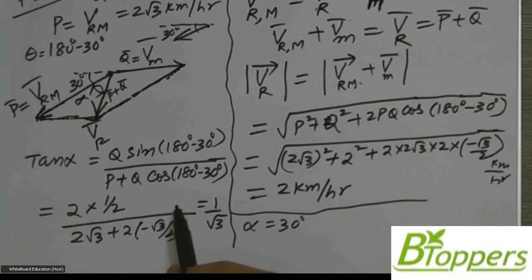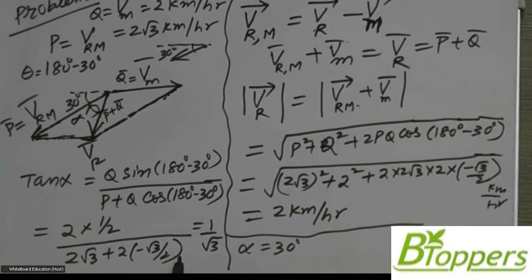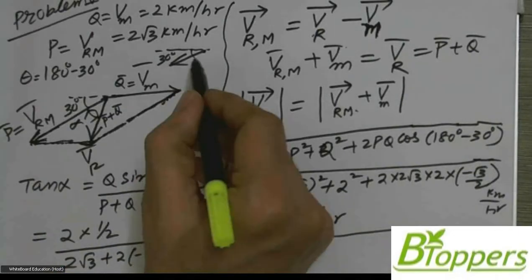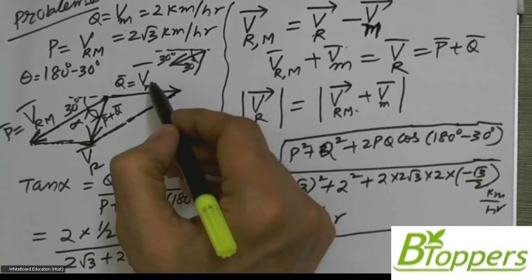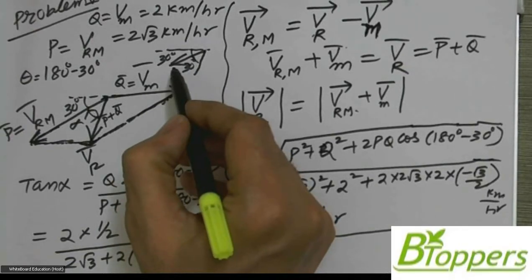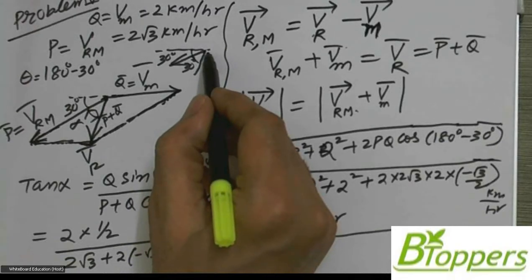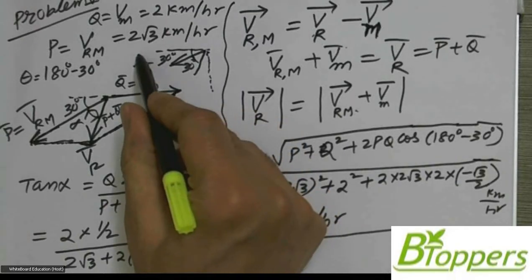That means the actual velocity of raindrops makes an angle of 30 degrees with the direction of the relative velocity. So what angle does it make with the vertical direction?